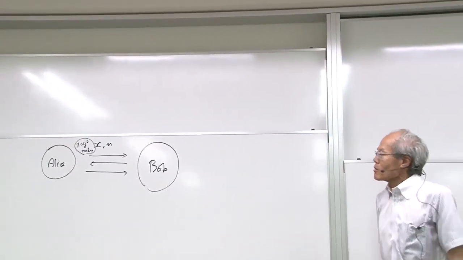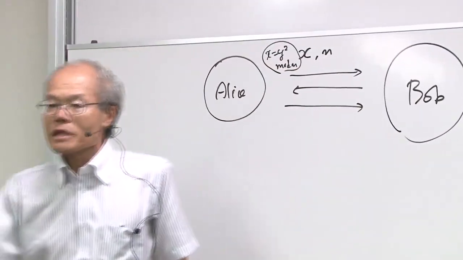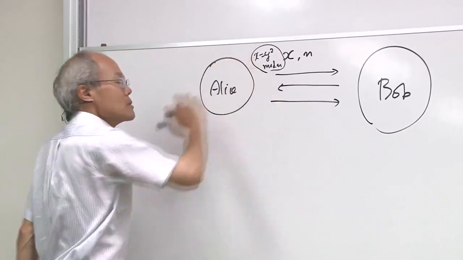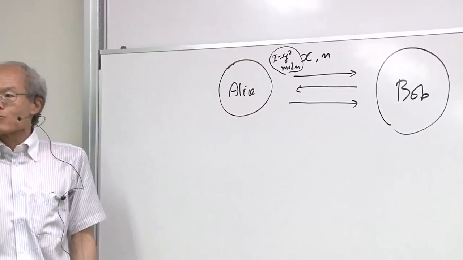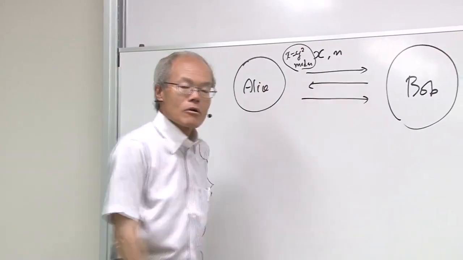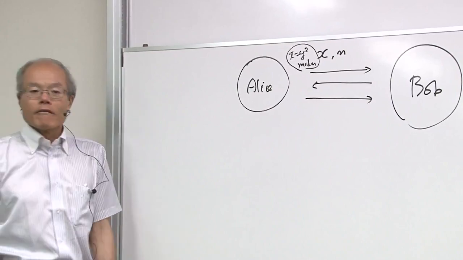So if the answer is yes, Alice can convince Bob without revealing any answer. And if the answer is no, so x is not a quadratic residue, then if they follow this communication protocol, Alice cannot convince Bob.